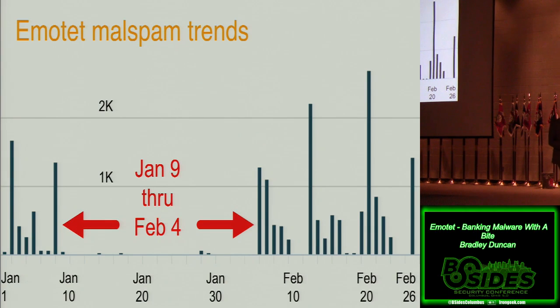Every once in a while, you'll see a gap. In this case, we saw about 4.5 weeks of low to nil activity. So in this case, there wasn't really any Emotet announcement being sent from January 9th through February 4th. But then it comes back strong. We generally see the most emails on either Monday or Tuesday, and it tends to drop as the week progresses.